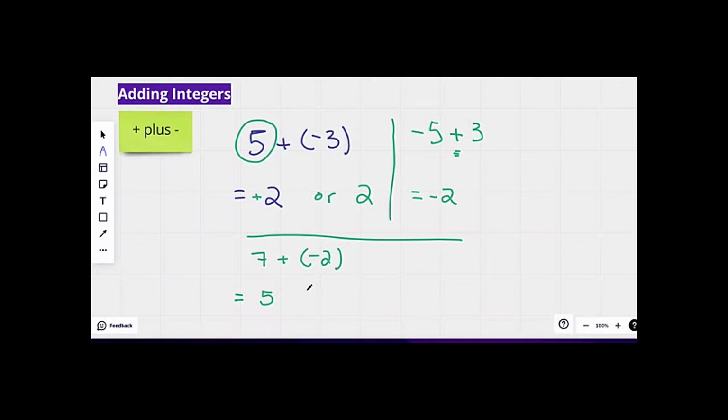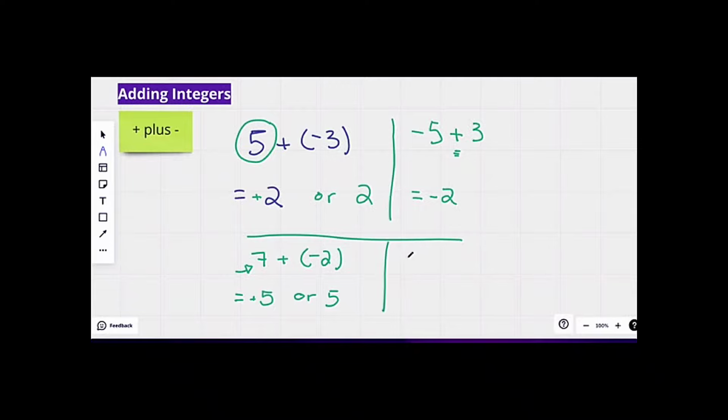Now we look at the sign. Our highest number, what is it? It's a 7. And is the 7 a positive number or a negative number? It's a positive number. Therefore, our answer is positive 5, or just simply 5, because I said you don't have to actually put the sign in front of a positive number.